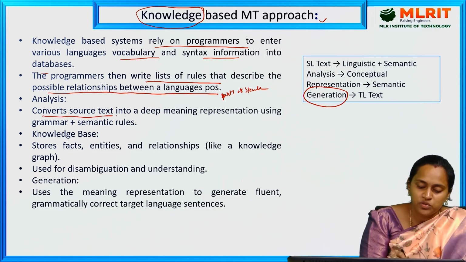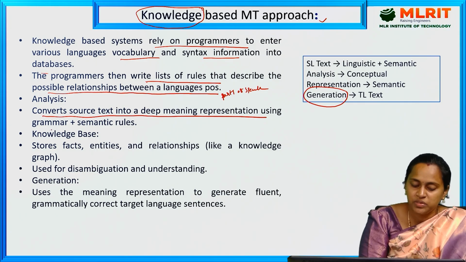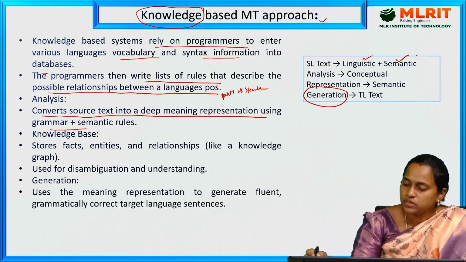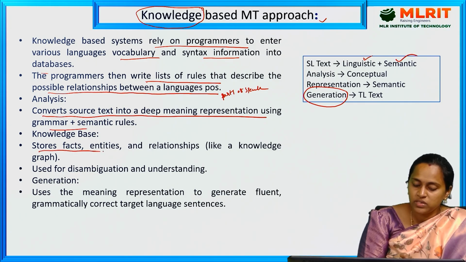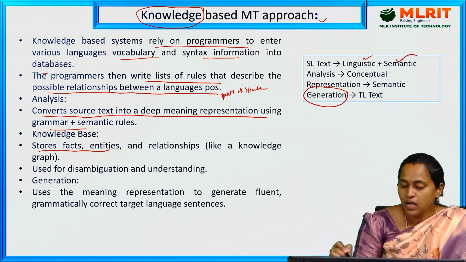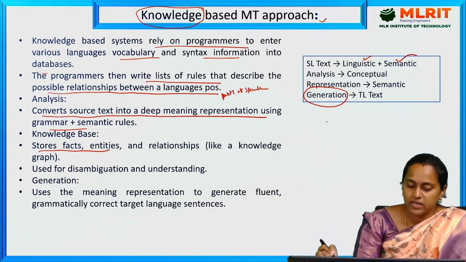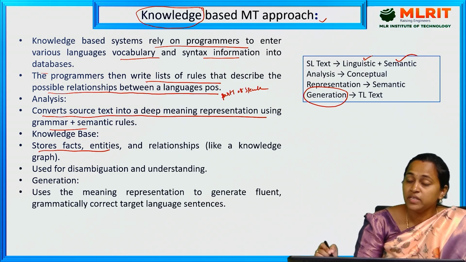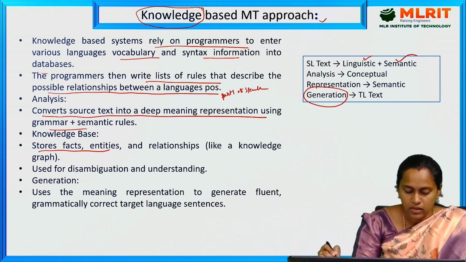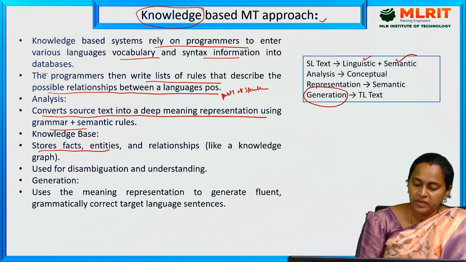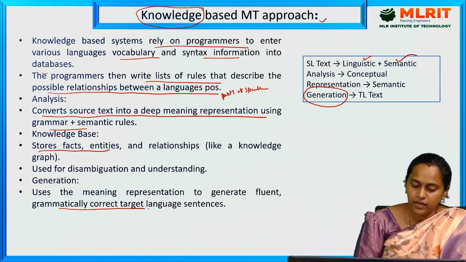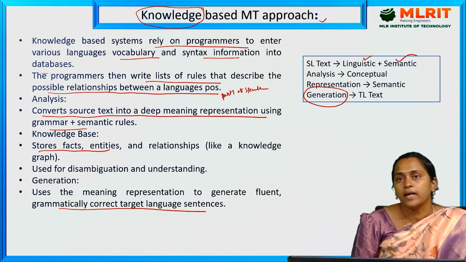First, convert the source text into a deep meaning representation using grammar and syntactic rules. Next, it stores the entity relationships in something like a tree structure, used for disambiguation and understanding. Then it generates the meaning representation into fluent, grammatically correct target language sentences.